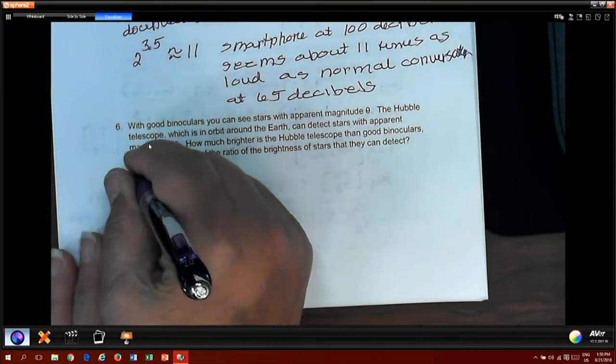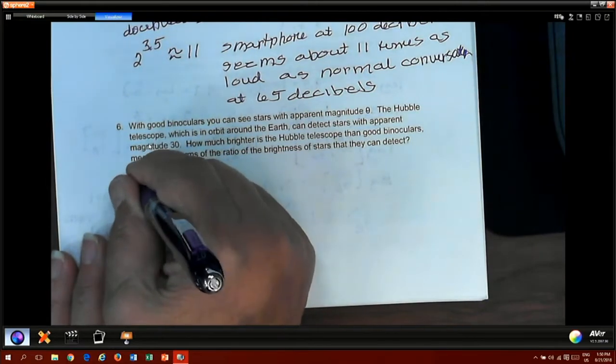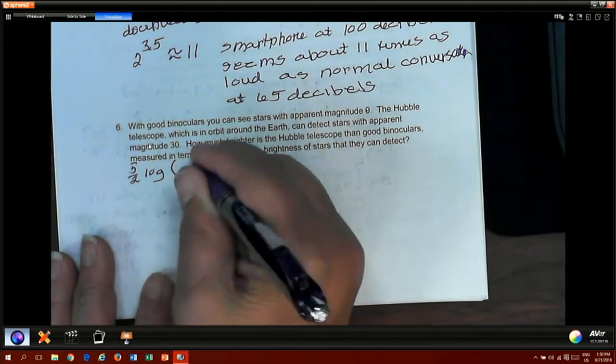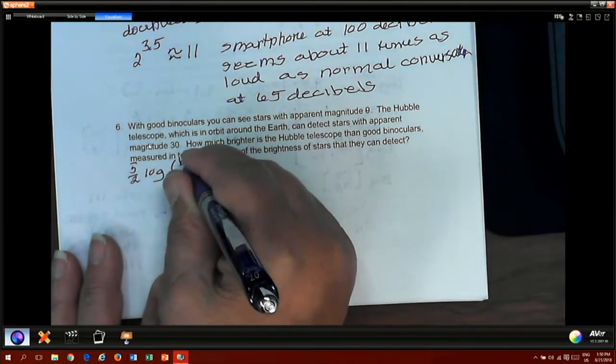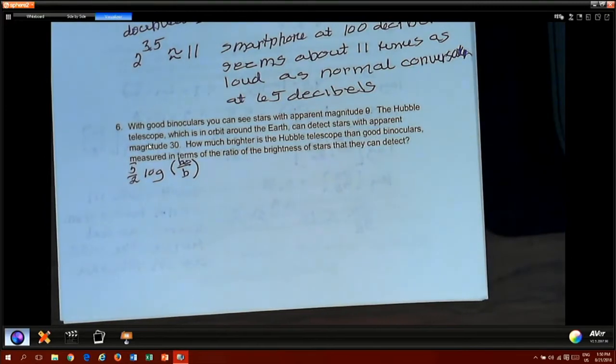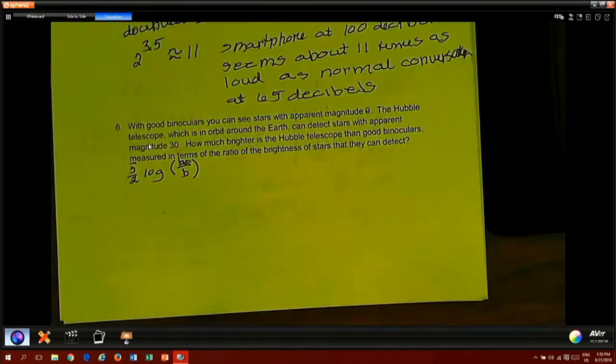Well, our formula is 5/2 log b sub 0 over b. So we're going to work with this the same way we've worked previously.